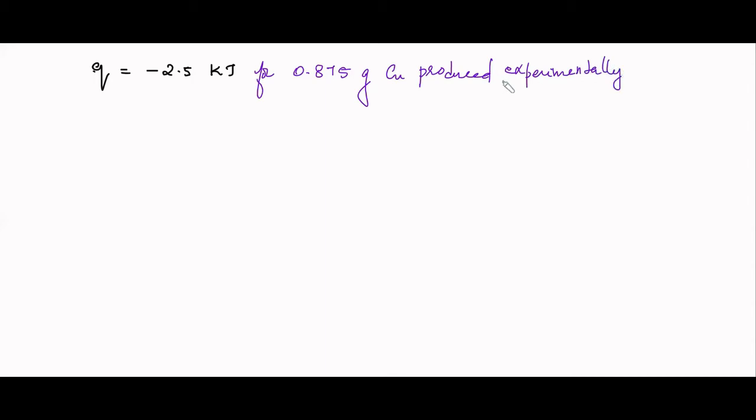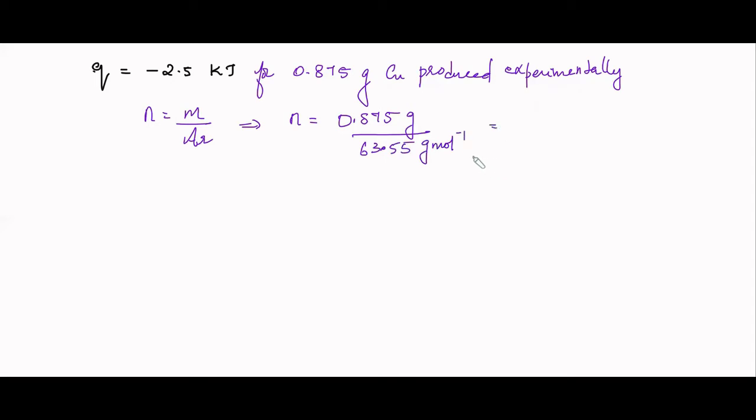Now our aim is to find out how many moles of copper have been produced. So we have to convert the mass into moles. Number of moles is equal to mass over atomic mass. So we get number of moles equal to 0.875 grams over the atomic mass of copper, which is 63.55 grams per mole.